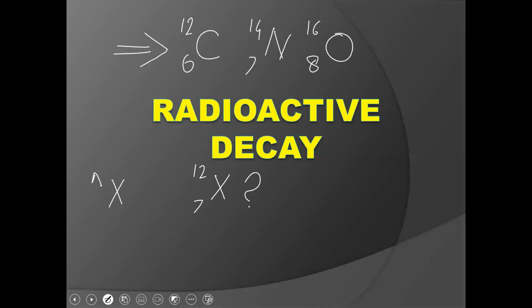Remember, this is the mass number and this is the atomic number. So can you tell me what is the identity of an element? Atomic number or mass number? Atomic number. Very good. So make this concept clear: the identity of an element is the atomic number. So can you tell me again, who is X? Carbon or nitrogen?